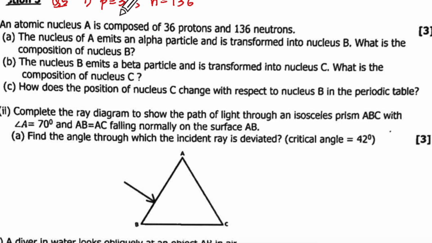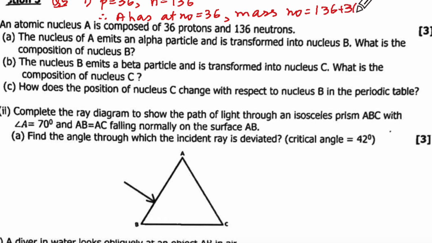So Z is 36. Therefore, A has atomic number equal to 36 and mass number how much? 136 plus 36 gives me 172. So 172 is correct.